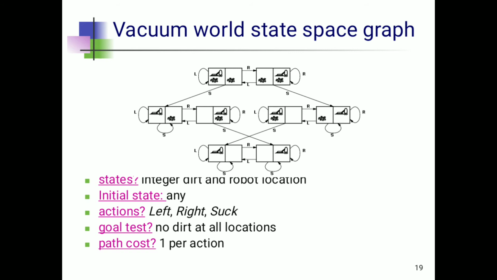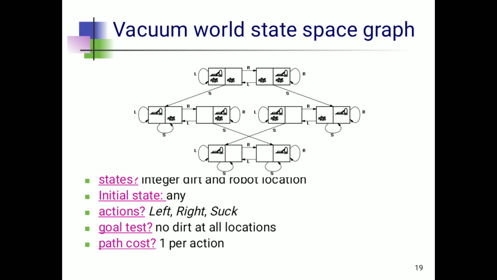Then what is the path cost? Suppose the agent moves from one state to another state. Suppose we give the cost as 1 per action, then the sum of all the costs becomes the path cost. So here 2 locations are there, and from each location he can move left or right.